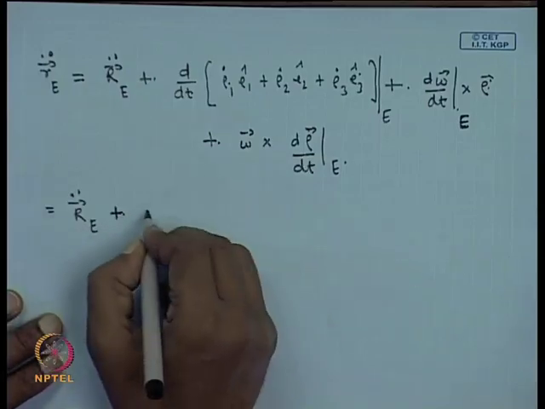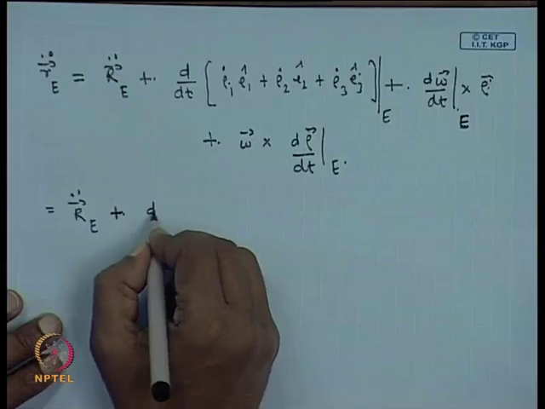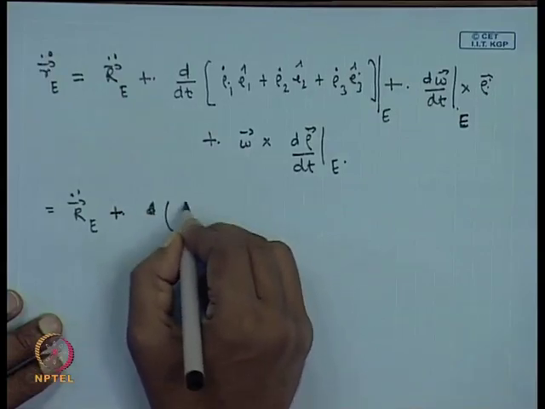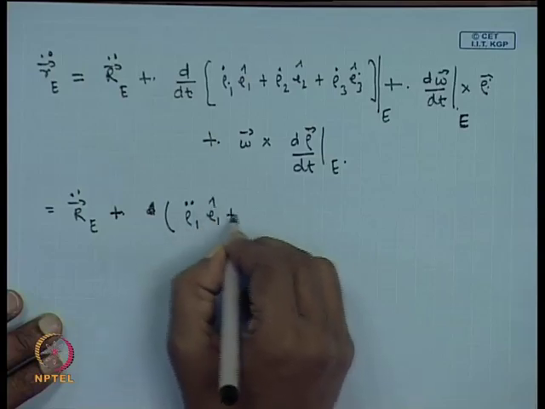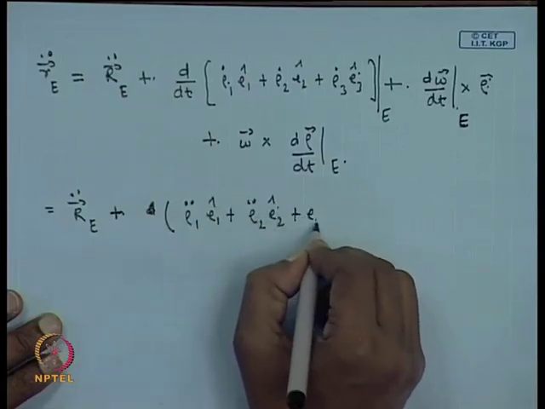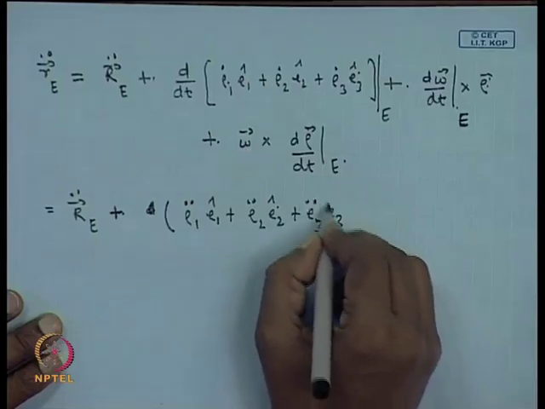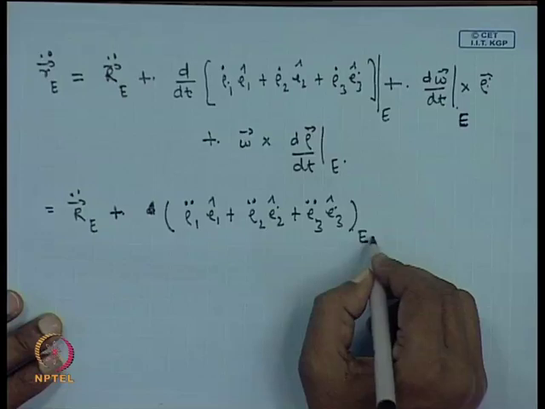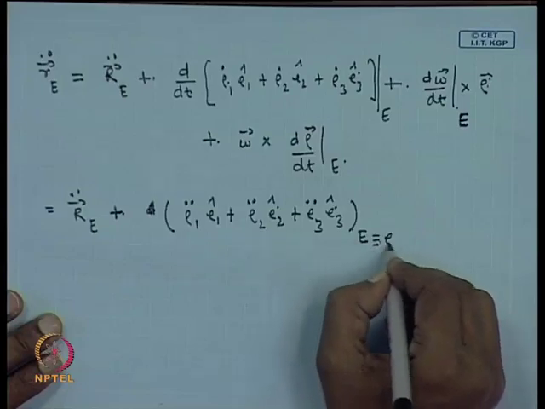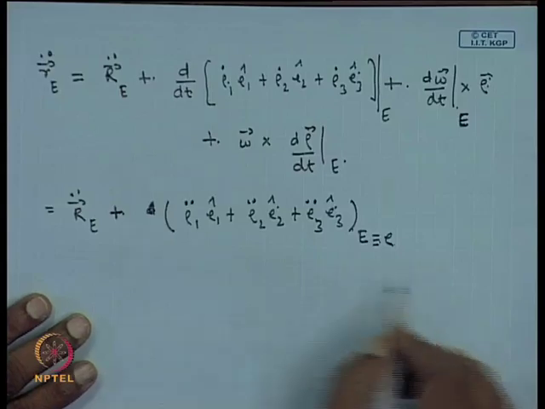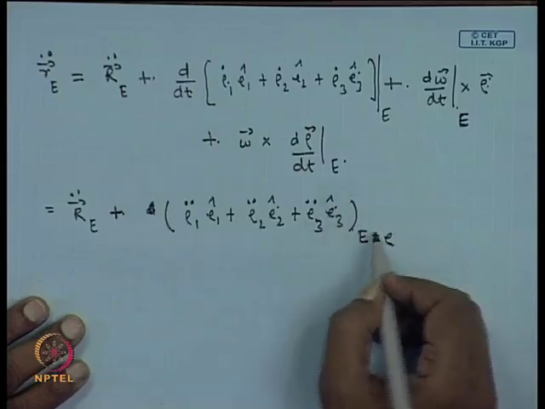Okay, proceeding as in the last part, we can write here directly as rho 1 double dot e1 cap plus rho 2 double dot e2 cap and rho 3 double dot e3 cap. We are writing this with respect to capital E, but this is also equivalent to writing it with respect to the small e, as we have argued just before.